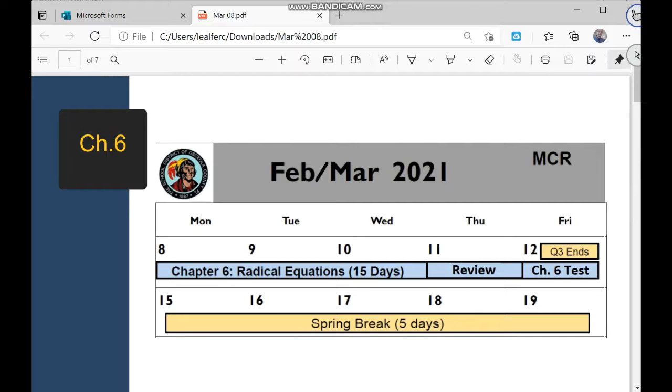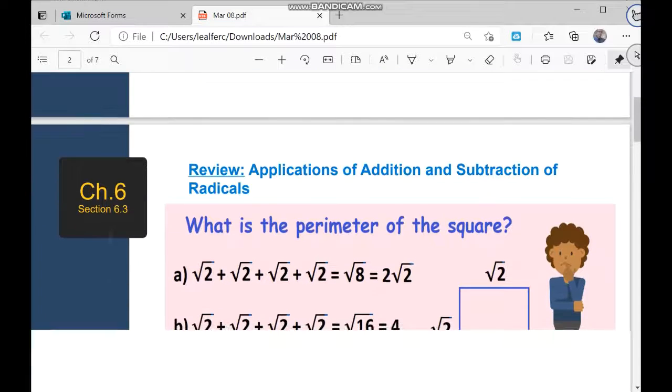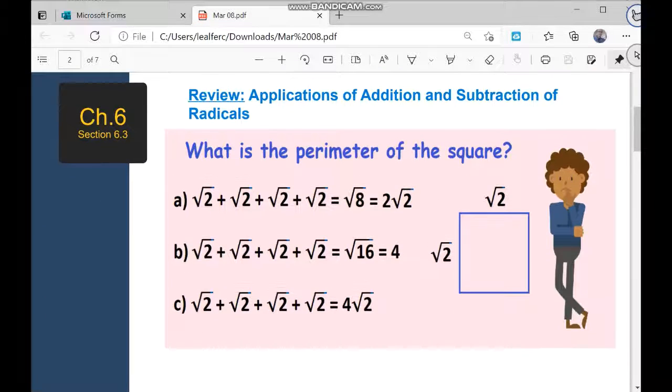And then after that, spring break. Well, that's our plan. I'm going to stick to the plan. I will try to make sure you also get the best opportunities this week to work on your grade. And now let's move to the lesson.